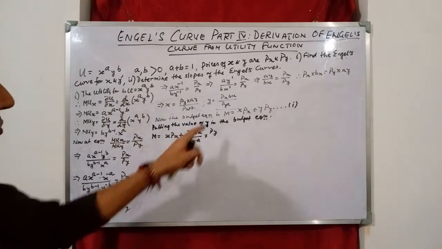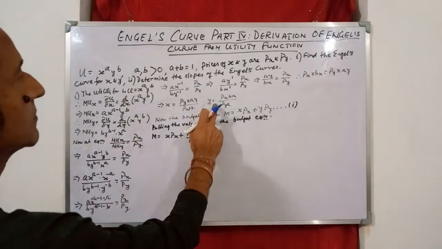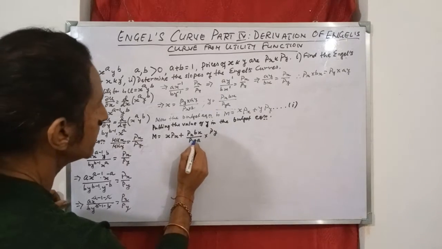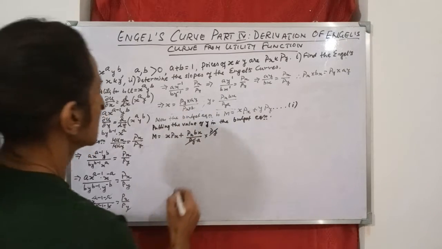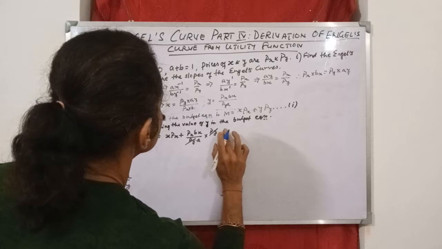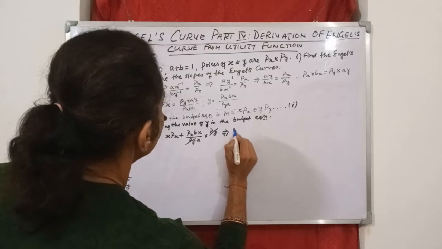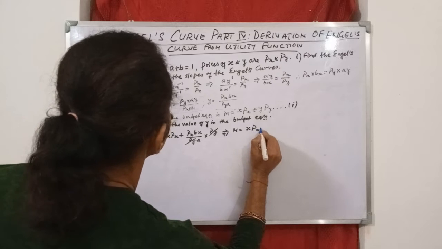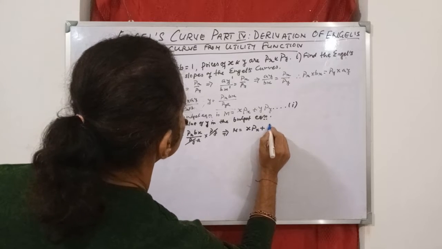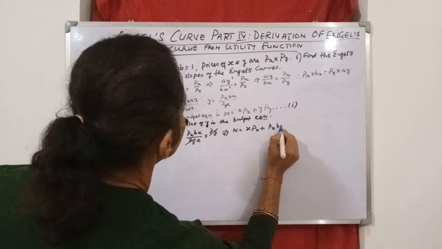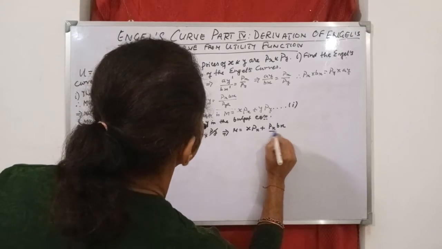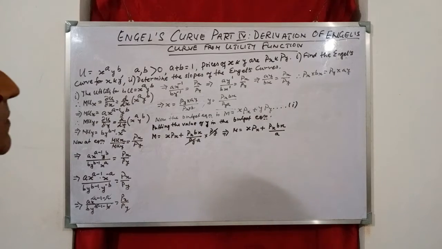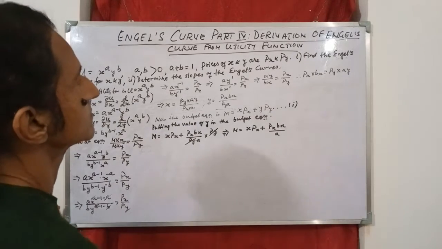We have put the value of y in this budget equation. So py goes away, so remains, therefore m equals xpx plus px bx divided by a, right?